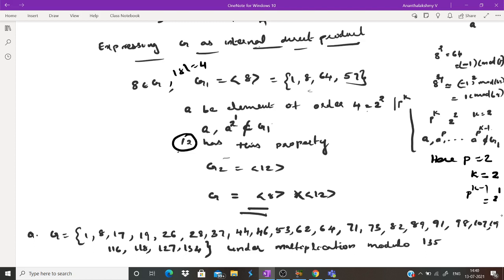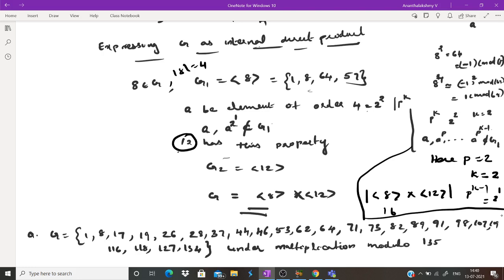What is the order of the cyclic group generated by 8, internal direct product cyclic group generated by 12? The order of the cyclic group generated by 8 is 4, and the order of the cyclic group generated by 12 is 4. So the order is 16. So you get the order of LHS and the order of RHS as the same. So we can stop here.